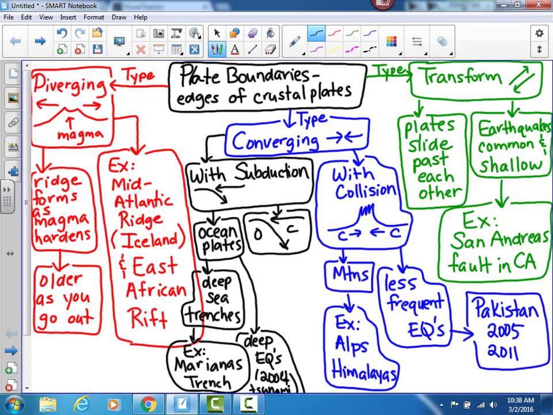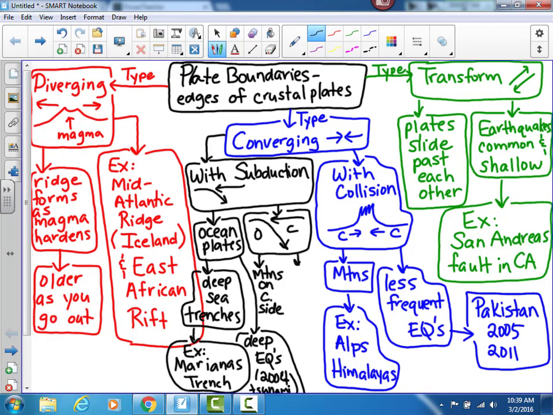Couple of things that you get. Mountains on the continent side. And I'm abbreviating a lot because I'm almost out of space. You get mountains on the continent side.